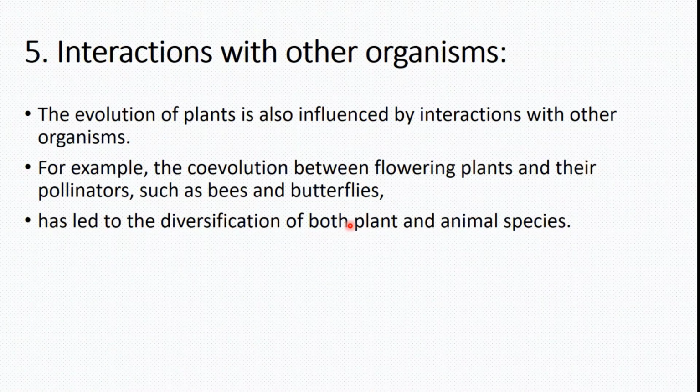It does not necessarily have to be plant species interaction. Let's go further. For example, the co-evolution between flowering plants and their pollinators, such as bees and butterflies, which has led to the diversification of both plant and animal species.